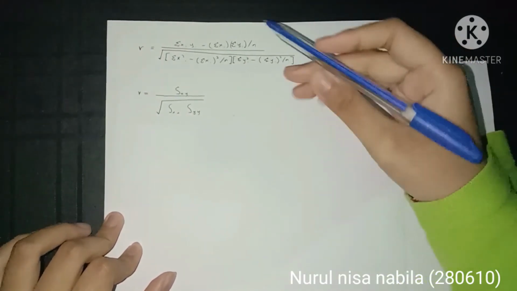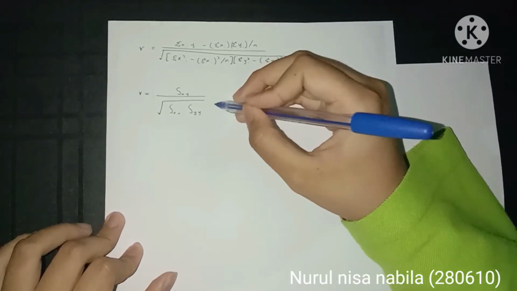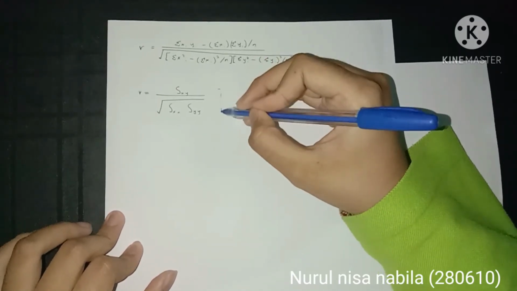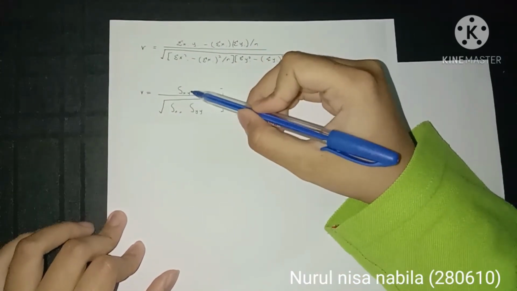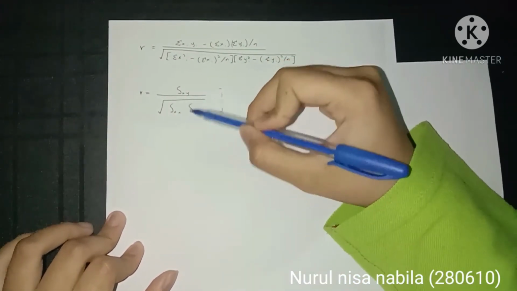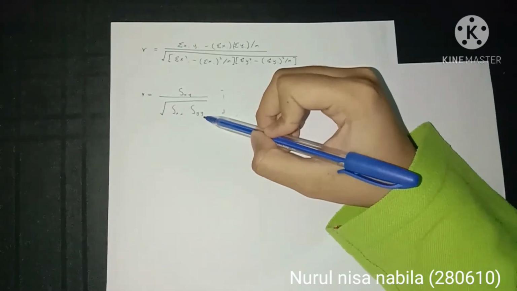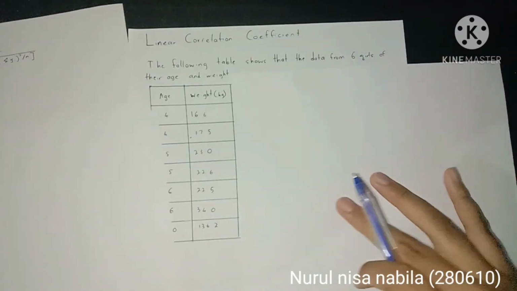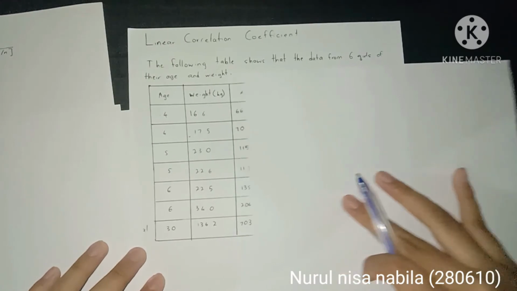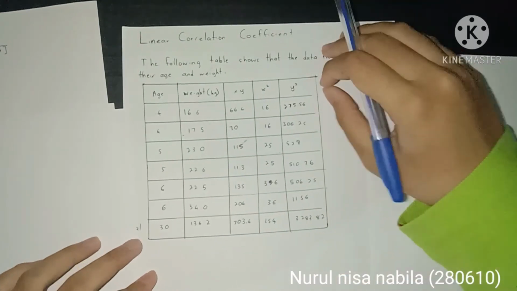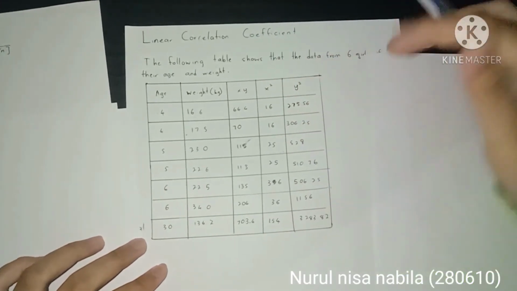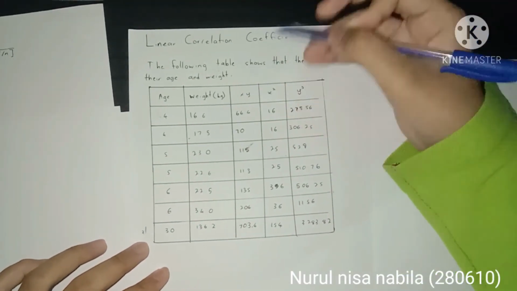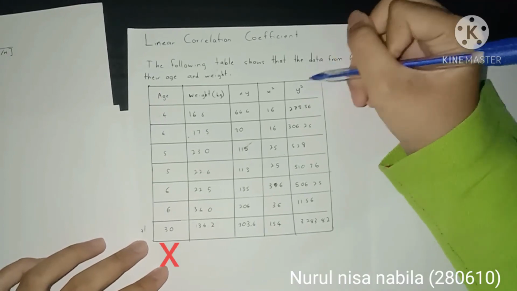In this video I will use the simple formula, where you need to calculate SXY, SXX and SYY. Firstly, I make a table to calculate. I add additional columns to calculate XY, X square and Y square.